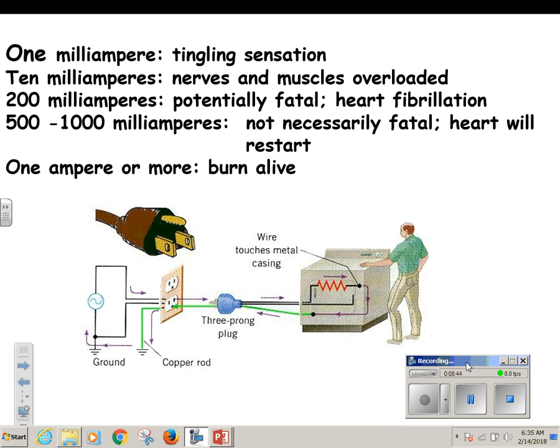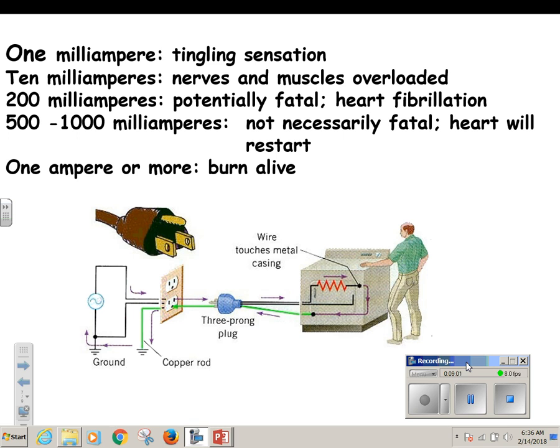So when you see hospital shows and they say charge and clear, that's what they mean, they're charging it so it holds a charge that can pass a current anywhere from 200 to 1,000 milliamps. Now, 1,000 milliamps is also an amp.